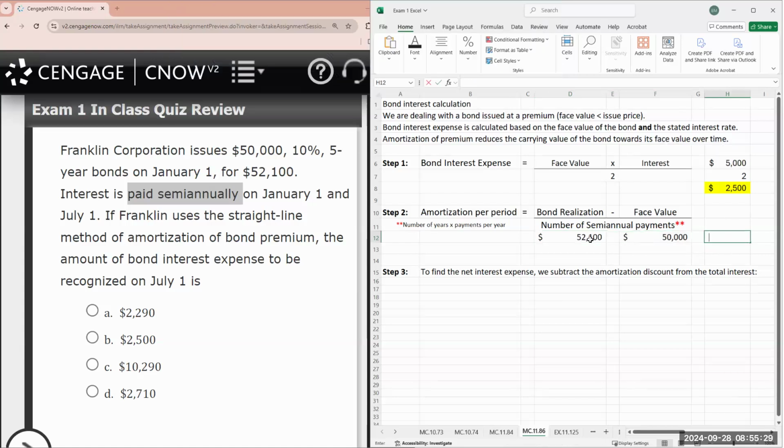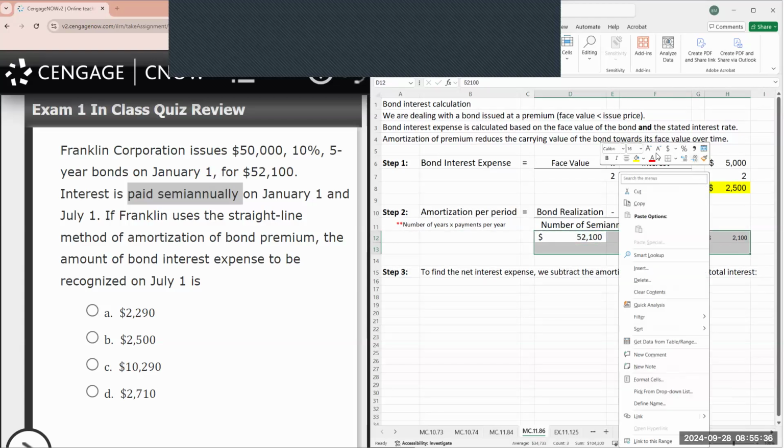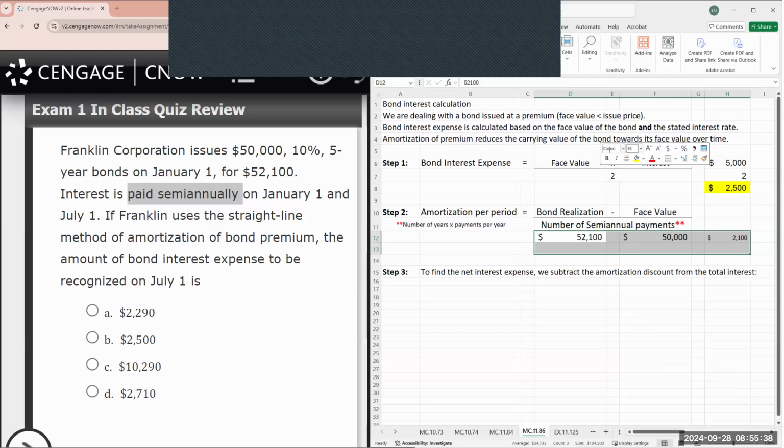And then the next step is asking us to divide it by the number of semi-annual payments. The number of semi-annual payments is the number of years multiplied by the number of payments. So the number of years is 5. The number of payments is 2 because we're paying it semi-annually, twice a year.